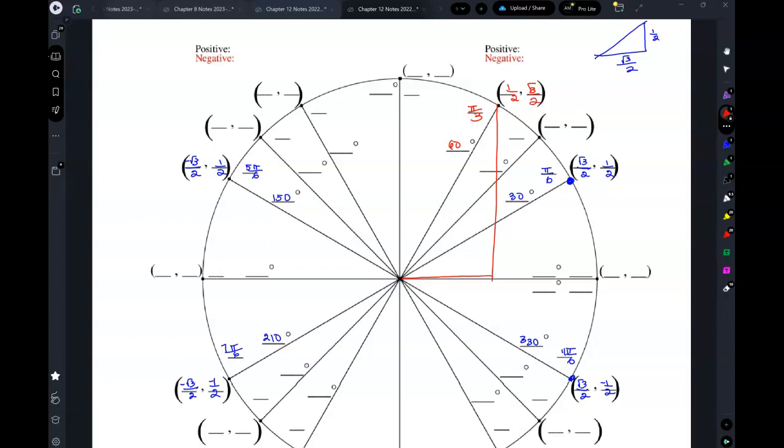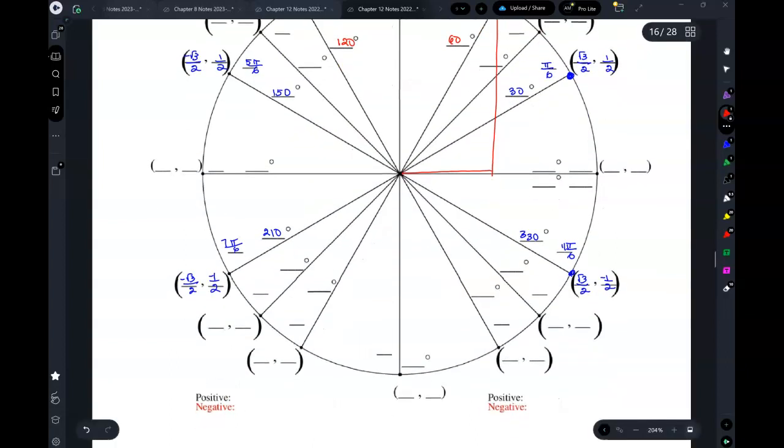How do I get to this one, 120, which is how much? 2π/3. How much do I go horizontally? -1/2. And how much do I go up? √3/2.